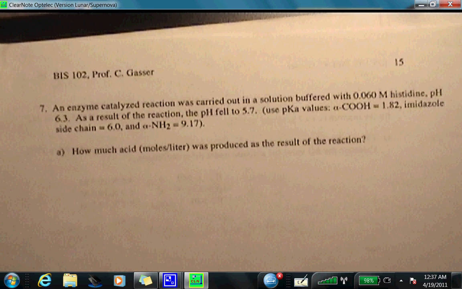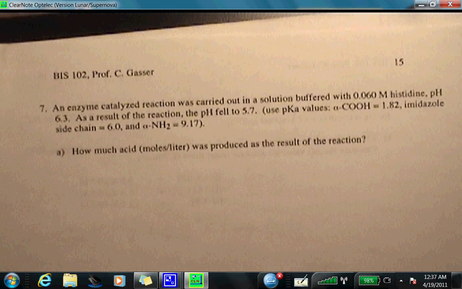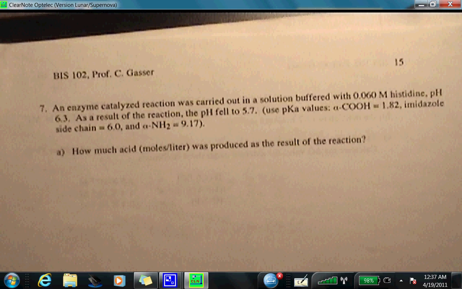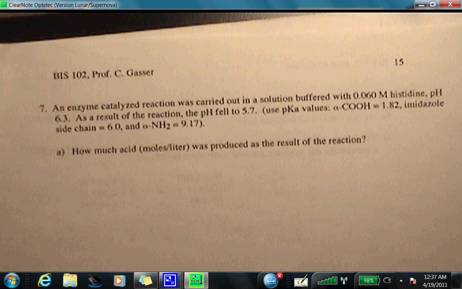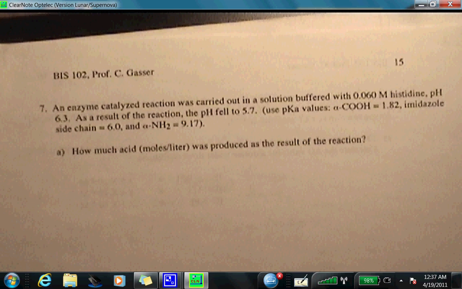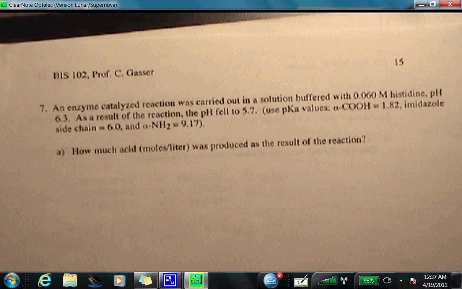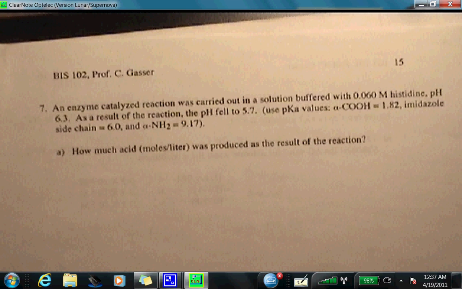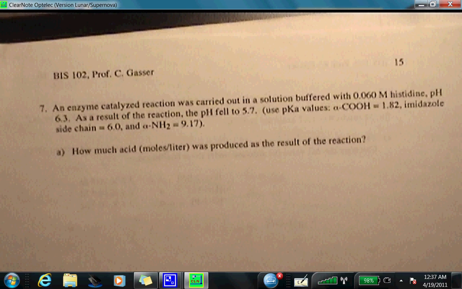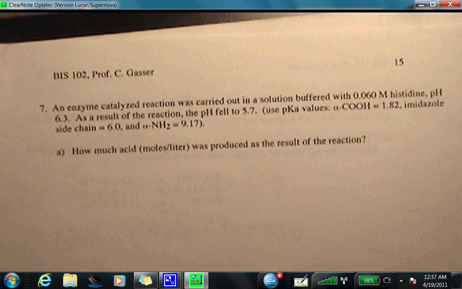So basically what this question says is an enzyme catalyzed reaction was carried out in a solution buffered with 0.06 molar histidine, pH of 6.3. As a result of the reaction, the pH fell to 5.7.